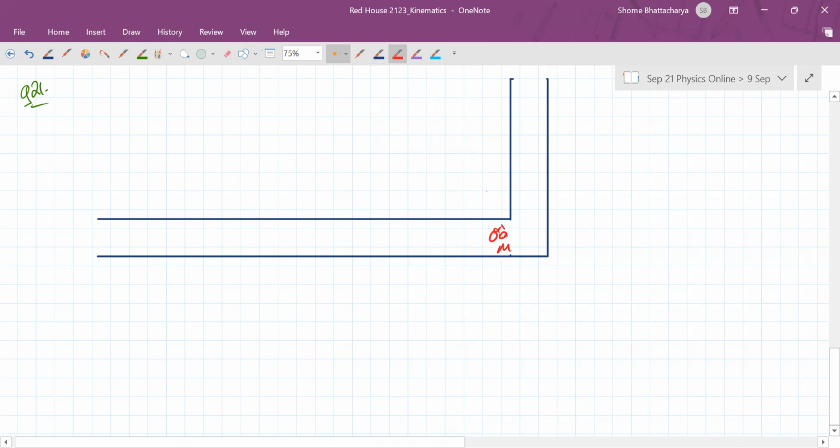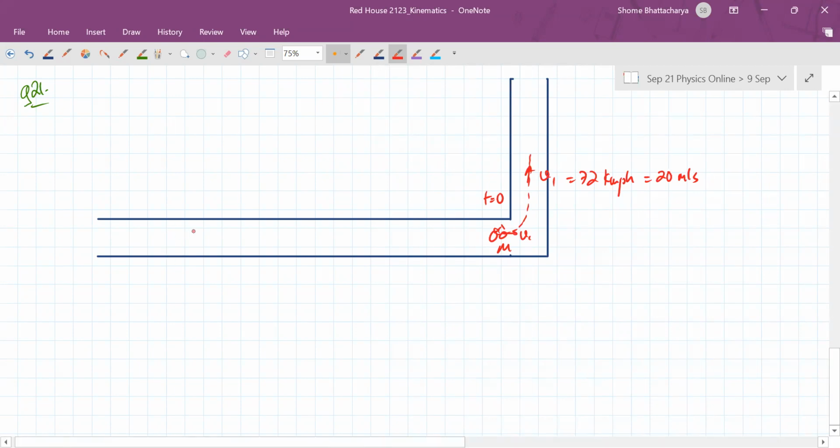You're taking this as t equal to 0 and it's going to turn and go like this, but at a constant speed of 72 kilometers per hour, which will be 20 meters per second, right? That is 72 into 5 by 18. Okay.